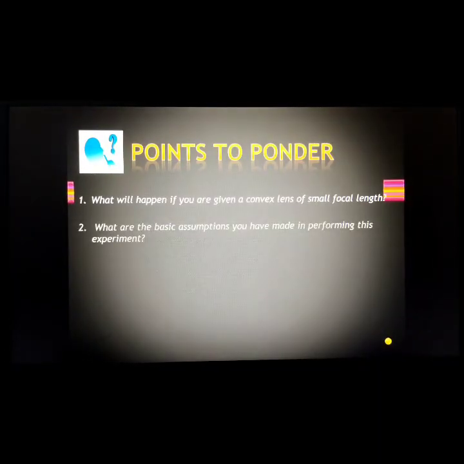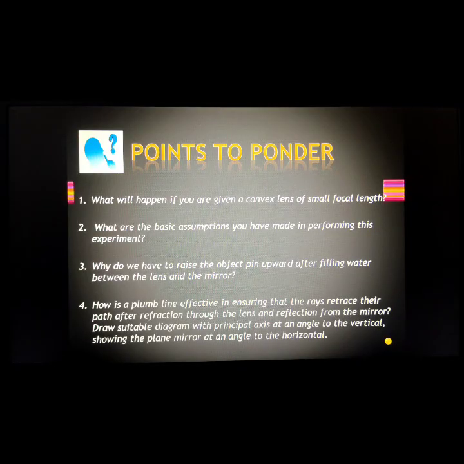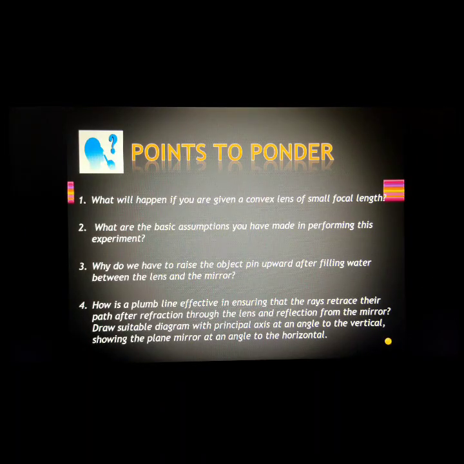Points to ponder: what will happen if you are given a convex lens of small focal length? What are the basic assumptions you have made in performing this experiment? Why do we have to raise the object pin upward after filling water between the lens and the mirror?